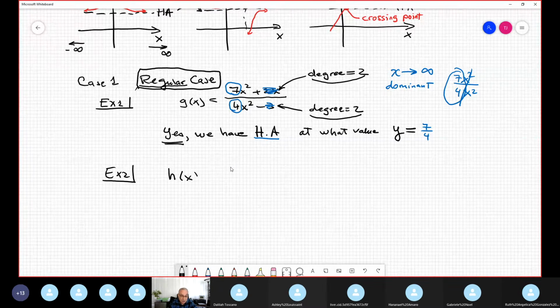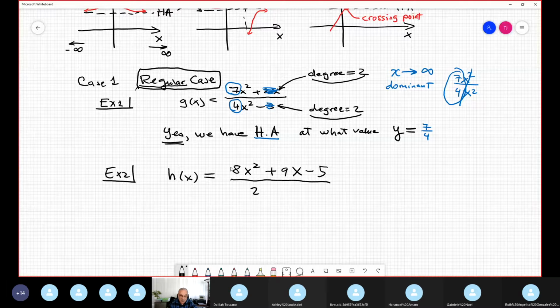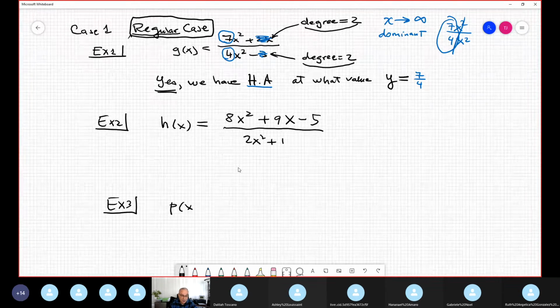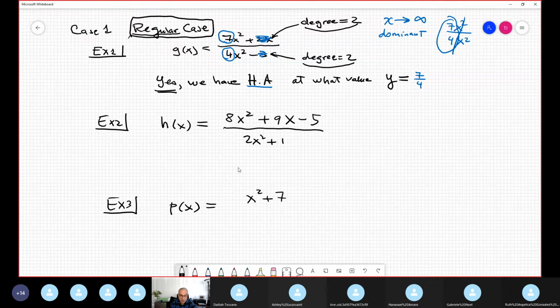Suppose the function h of x, which is 8x squared plus 9x minus 5 divided by 2x squared plus 1. I want to write another example, example 3. The name of the function is p of x equals x squared plus 7 divided by 11 minus x squared.